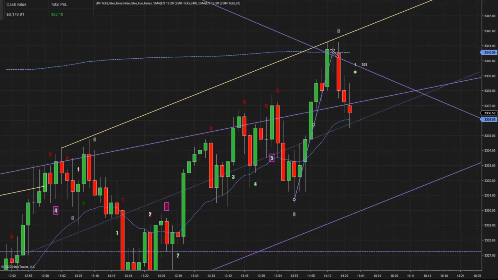So like I mentioned before, we want to see something like this. Maybe getting back up here, and that'll be the second attempt down, or somewhere at that point be a breakout. So this is a bit difficult to go short.